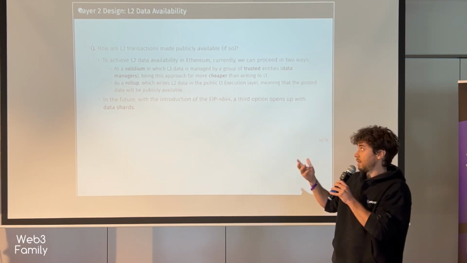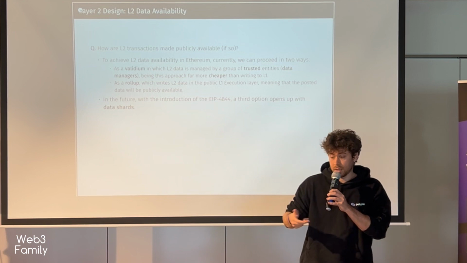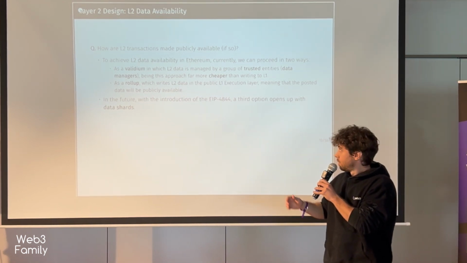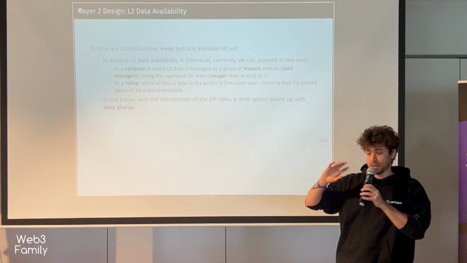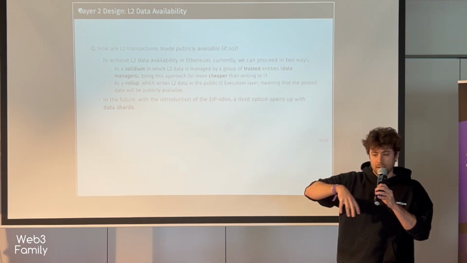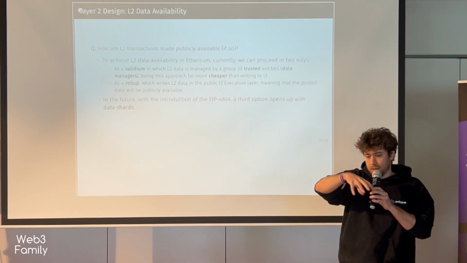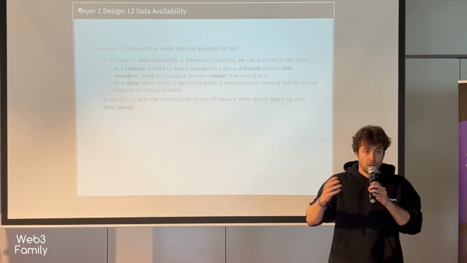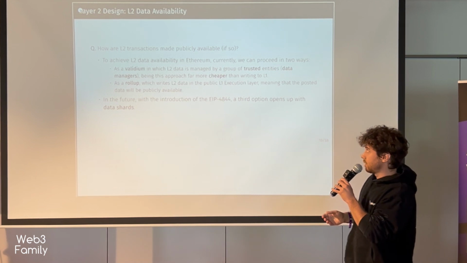This way, the data is decentralized and secure. On the other hand, we have Validiums. Validiums store all this data in a data center or in a database in a centralized way. They are two different approaches, and both of them are considered L2s.